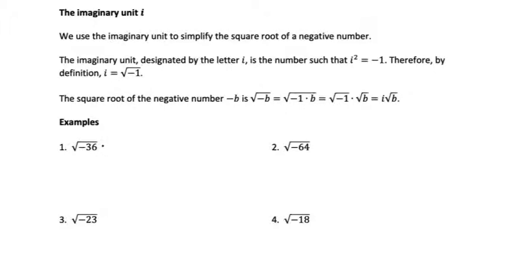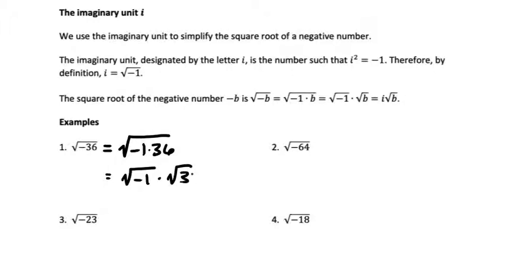The first one is actually a perfect square because it's the square root of negative 36. So that's a little bit different too. We can think of negative 36 as negative 1 times positive 36. And then, using the same rule that we just saw, we can break that up into two separate square roots.